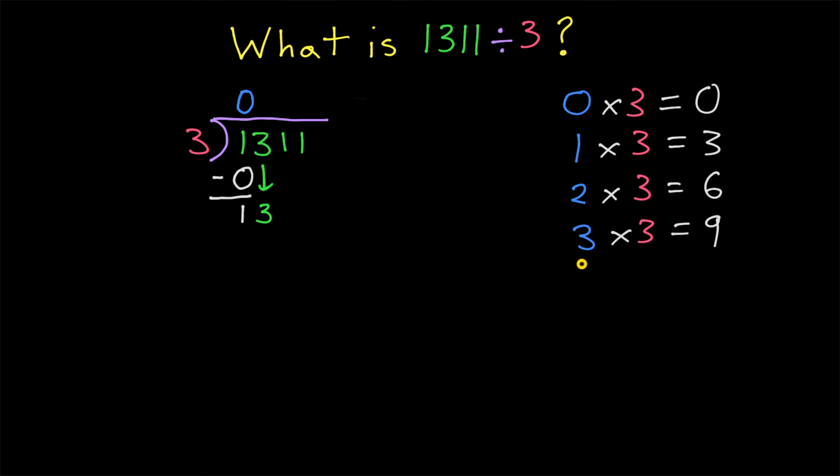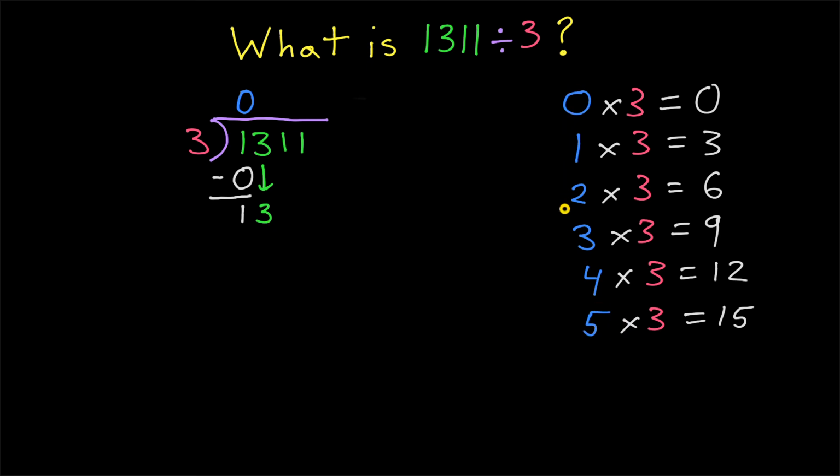Let's move on. What about 4? 4 times 3 is equal to 12. 12 is still less than or equal to 13, so 4 is fine. What about 5? 5 times 3 is equal to 15. But 15 is no longer less than or equal to 13. 15 is in fact greater than 13, so 5 is no good.